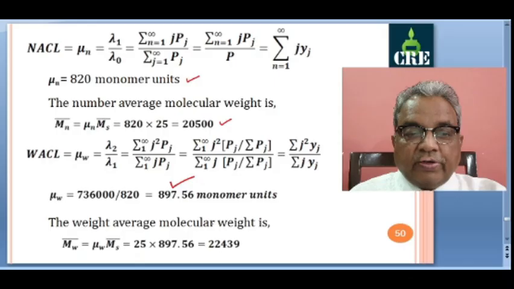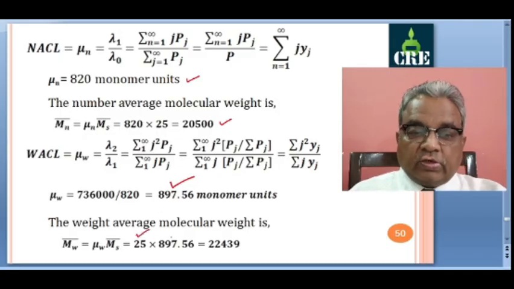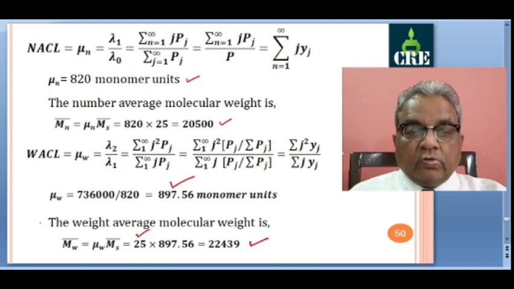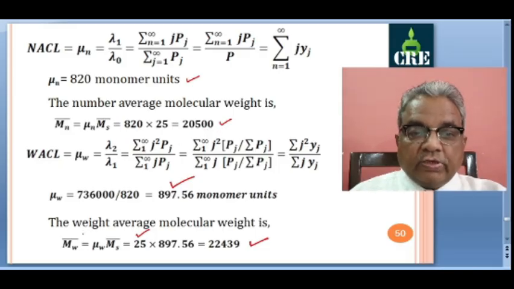The weight average molecular weight is this value multiplied by Ms bar, the average molecular weight of a single structural unit, which will be 22,439. So we have the number average molecular weight 20,500 and the weight average molecular weight 22,439.